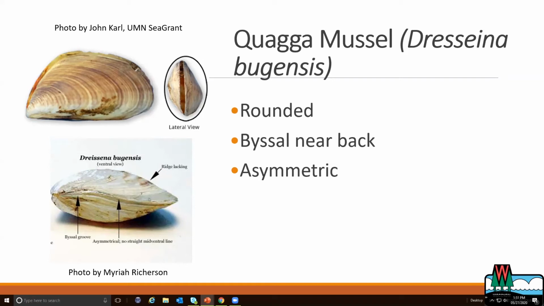The bristles on the quagga mussels are near the back of the animal, and those are the thread-like silky fibers that help the mussel attach itself to substrate. This picture at the bottom of the slide shows what the distinct features of the quagga mussel are versus the zebra mussel.